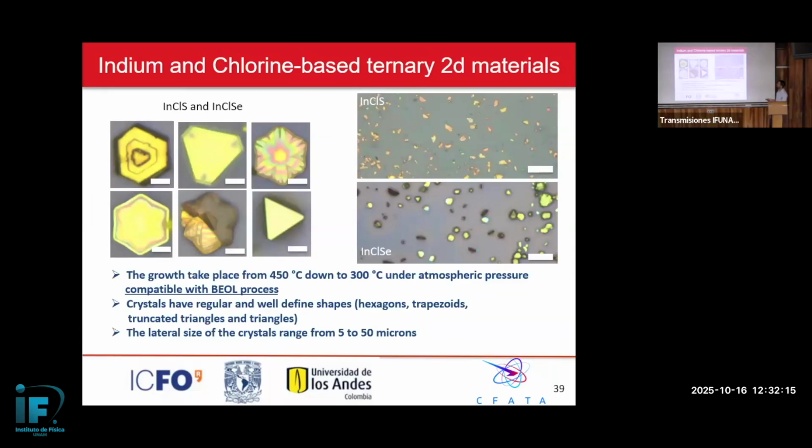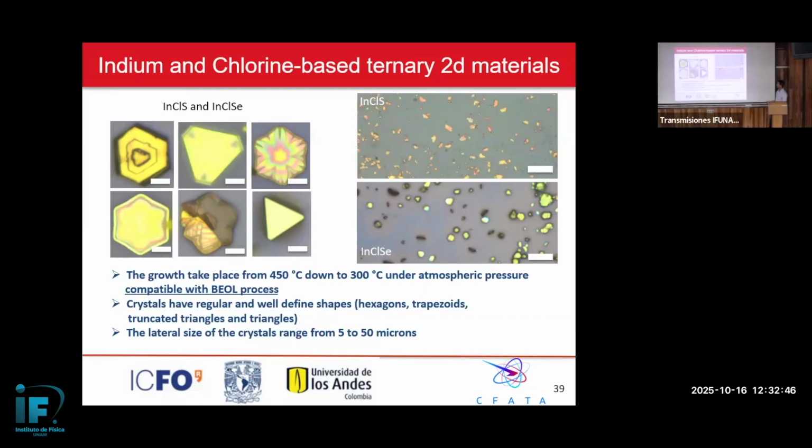What I'm showing you here are small crystals, like 5 to 50 micron length. It's beautiful, you have triangles, hexagons, and trapezoids over there, and so on, truncated triangles. But the beauty of this is that they managed to combine indium chlorine and sulfide, or indium chlorine and selenide.